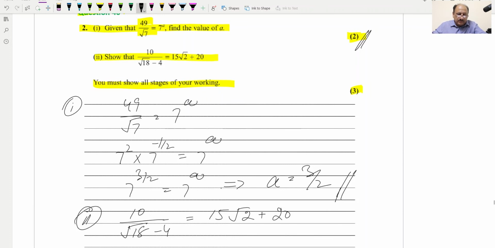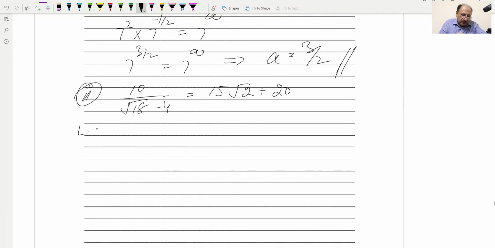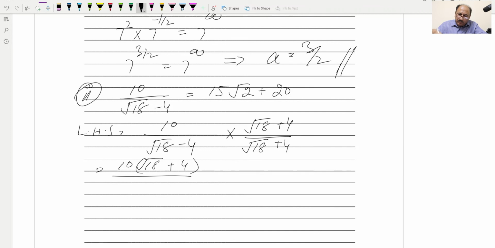So left hand side we can take, and we will prove it equal to right hand side. Left hand side is this one, under root 18 minus 4. We will rationalize by multiplying by under root 18 plus 4 over under root 18 plus 4. For the numerator it will be 10 into under root 18 plus 4, and for the denominator we can apply the formula, which is a plus b into a minus b is equal to a square minus b square.